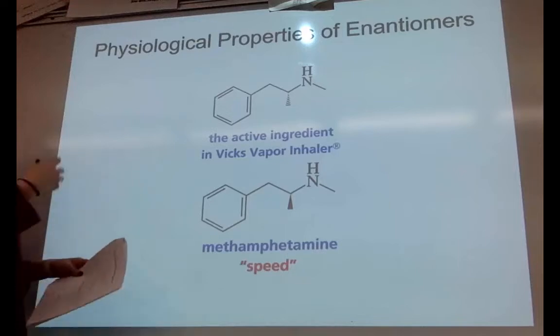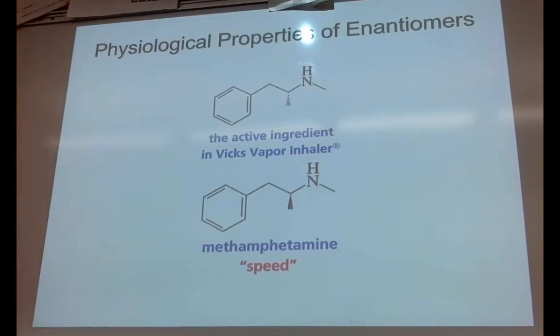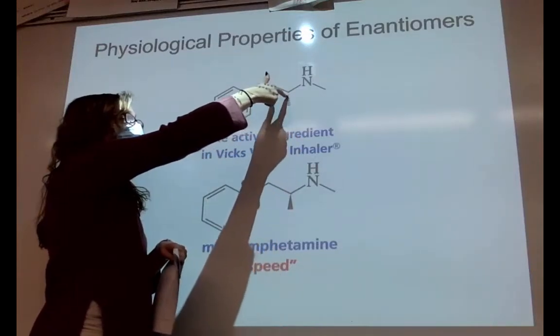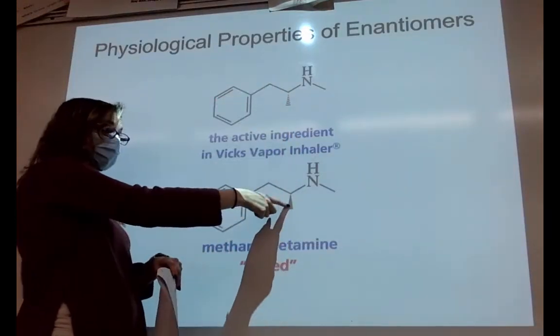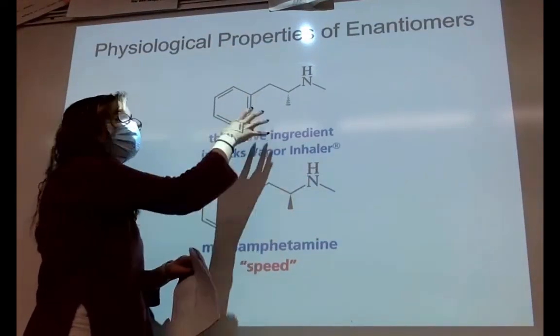Here's an actual real-world example of the difference between a wedge and a dash. Notice the only difference is that the methyl group here is a dash and the methyl group here is a wedge. So these are enantiomers of each other.